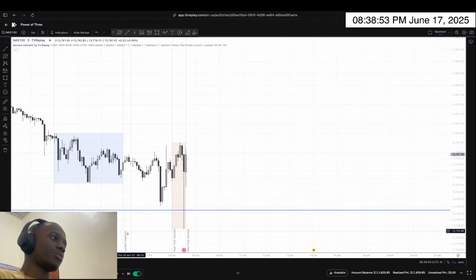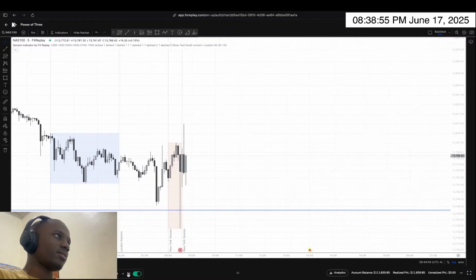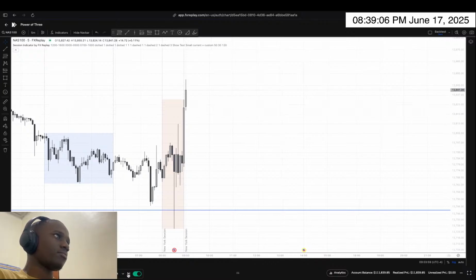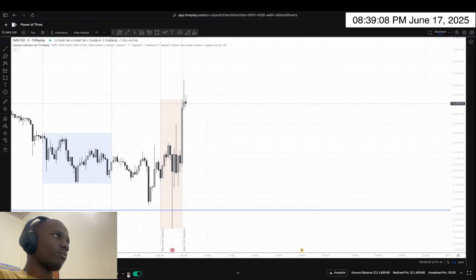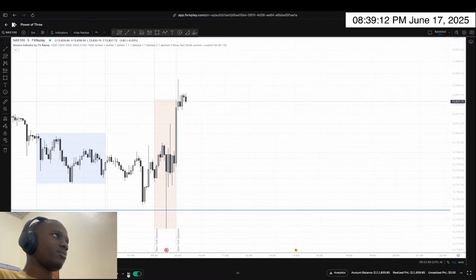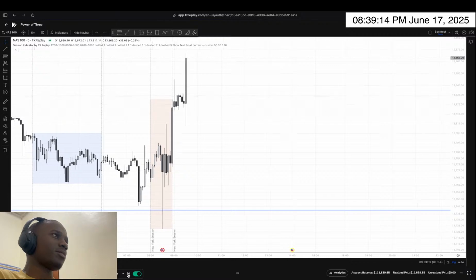So we had our sweep, and maybe after the sweep we get this huge candle closing above this high from the news as well. We get a really huge fair value gap. Not quite a retracement.